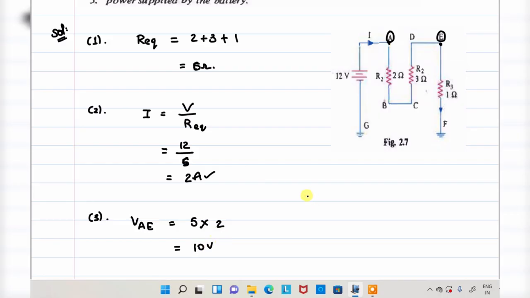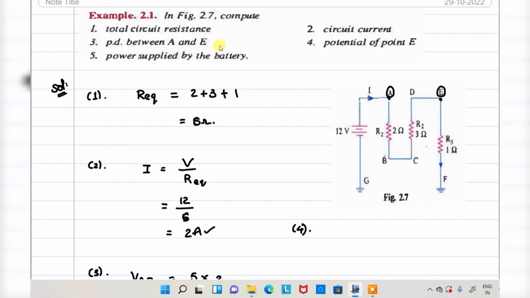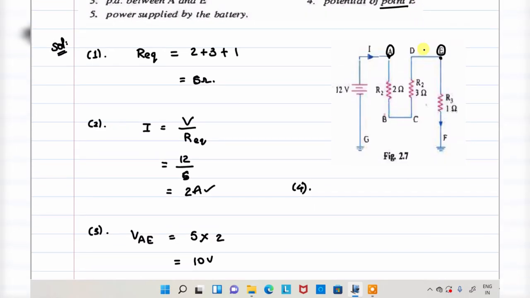Next, the fourth point: potential of point E. Point E potential means the potential between ground and this terminal, that is VE, right? So VE is equal to, what about the current here?